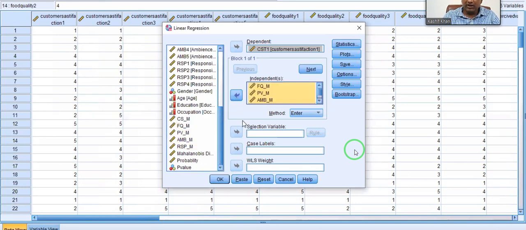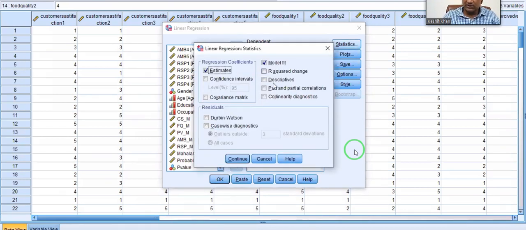I put them here, and I believe that we need to control for some type of interaction going on, and if this is the thing, gender. So we go to next, and we add gender here, and we change the method to stepwise. Let's do it stepwise, then we'll do it without stepwise. Okay, and that's about it.